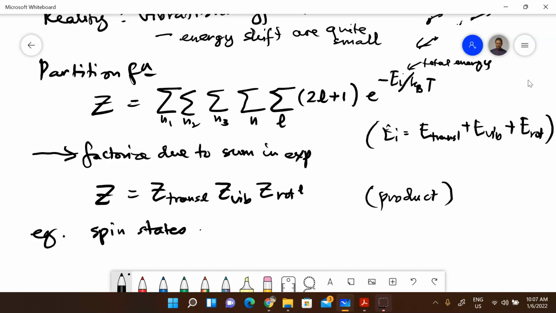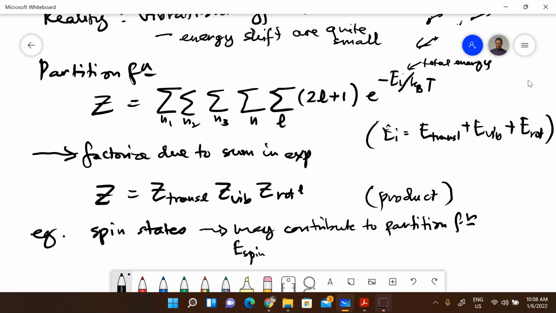It may contribute to the partition function, but what happens is that if the energy of the spin state is larger than the thermal energy at the temperature T, then one could really ignore this.